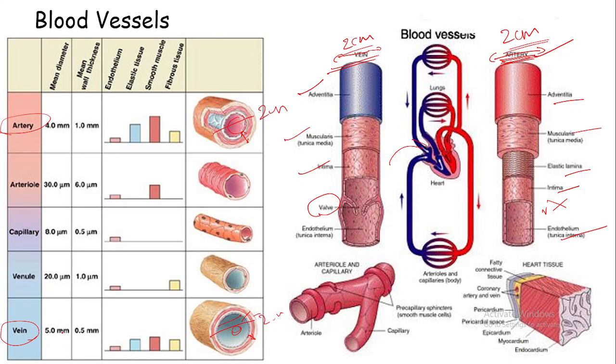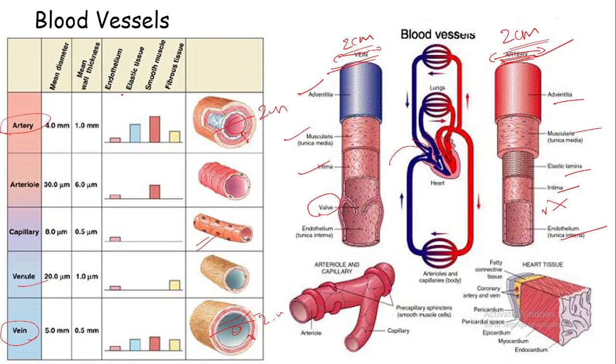Veins are the blood vessels with thin wall and wider lumen, because more blood has to flow through it. And they have valves also. A venule is a branch from a vein which again branches finally to the capillary.